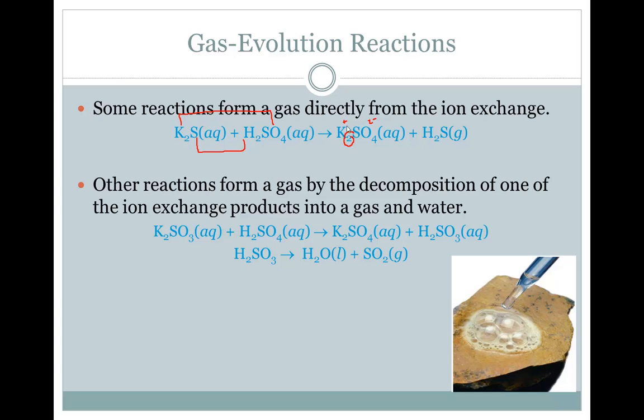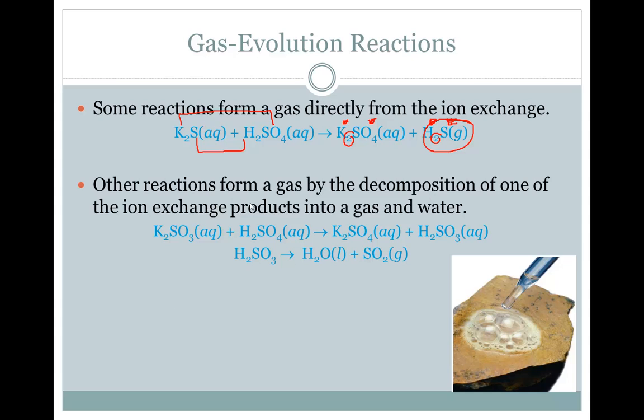Crisscrossing, that's how we got that 2 there. And the inside ion, that's a +1 and a -2, crisscross, and the 2 is there. H2S automatically is a gas, so that's how the gas is going to be created.